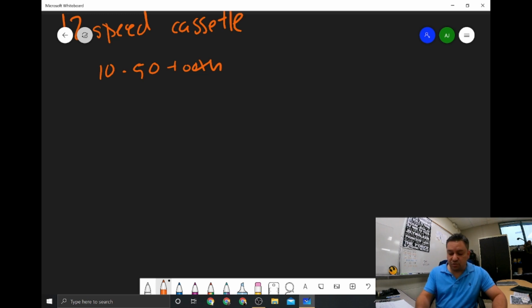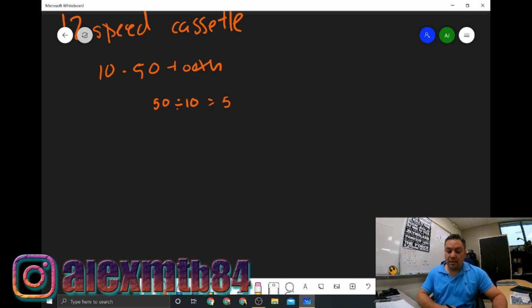So in this case, we have 50 divided by 10, which gives us 5. Everybody agrees with that? And to find the percentage, we multiply by 100. So in this case, it's a 500% gear range. The difference between the smallest cog and the highest cog, or the highest speed and the lowest speed, is 500%.